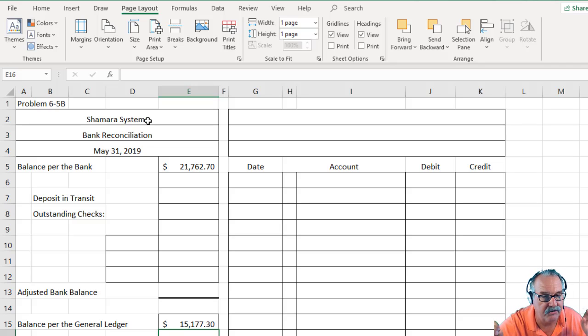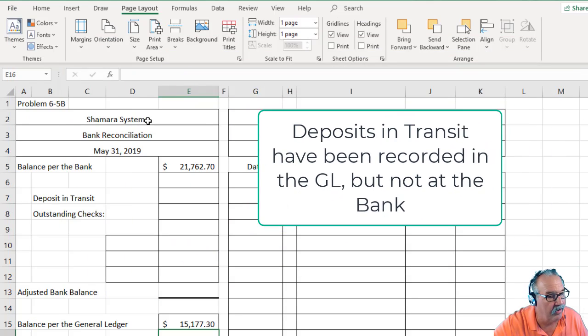So if it's on both sides, in other words, if it's on the bank statement and it's on the general ledger, we're not worried about it. So that's why we just check them off and forget about them. The things that are left, things we couldn't check off between the bank statement and the general ledger, are what we're looking for. And either they're on the bank statement and not on the general ledger, or they're on the general ledger and not on the bank statement.